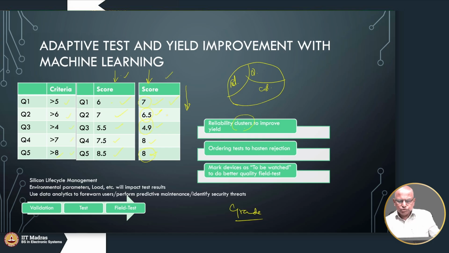So it saves a lot of time if you can apply the harder tests first. If the yield is very high, then of course it doesn't matter in which order you test, but it makes sense to apply hard tests first when yield is not so high.